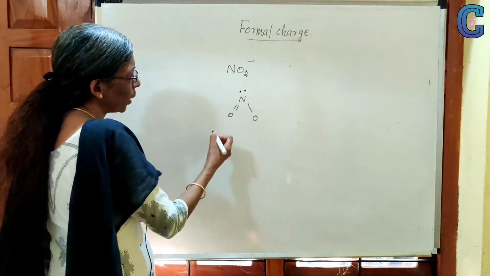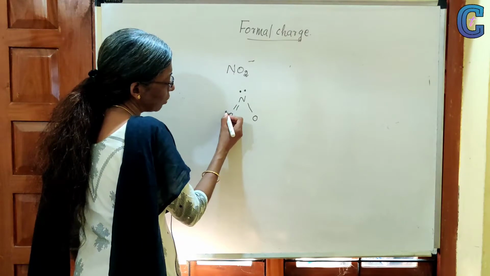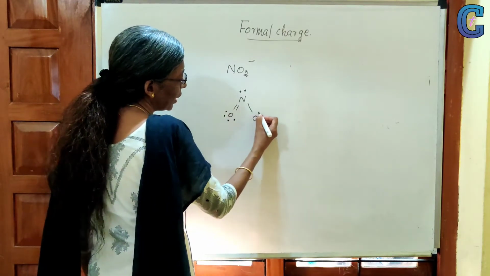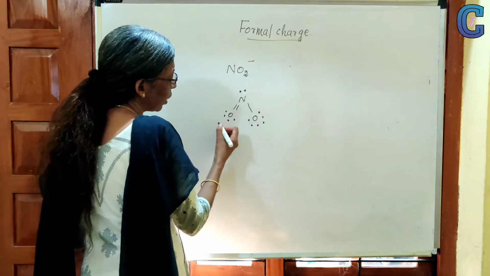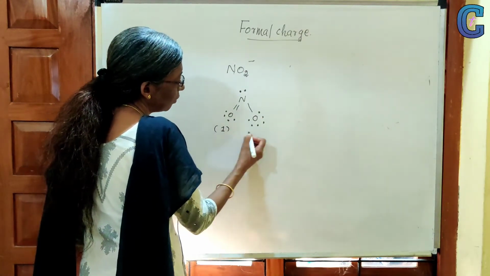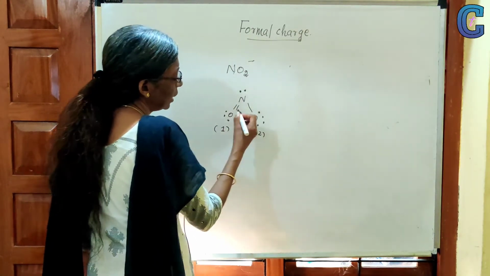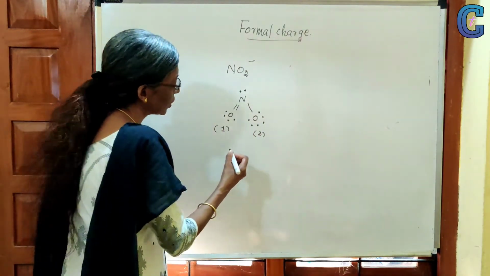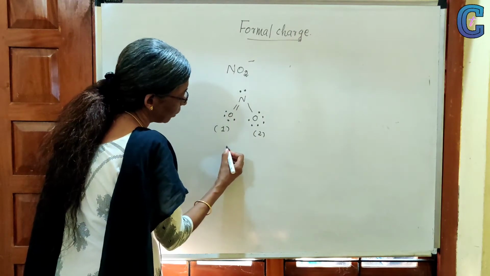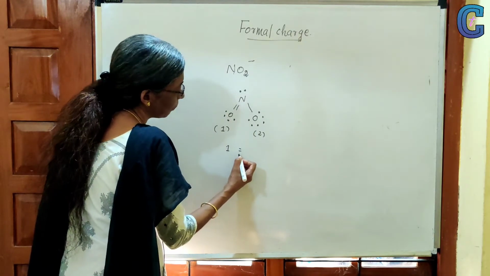Then we calculate the formal charge for each oxygen, and then for nitrogen. For the double bond oxygen we have calculated the formal charge is 0.